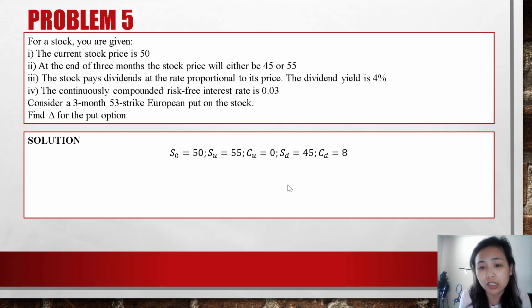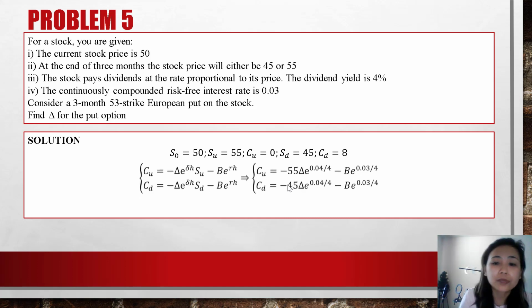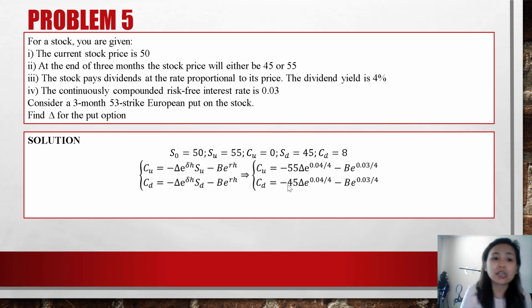Now set up the equation. Because the question asks for delta, the number of shares of the stock, not asking for the price, we have to follow the replicating portfolio method. Here for a put option, we have to flip the sign in the equation. So instead of a positive coefficient for these factors, we have to use minus, because this is a put option.